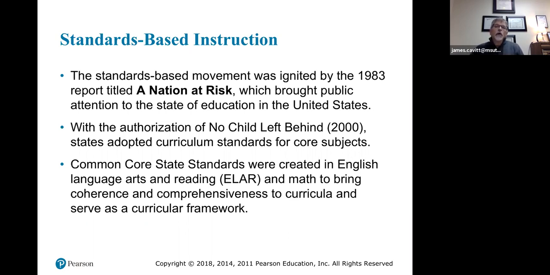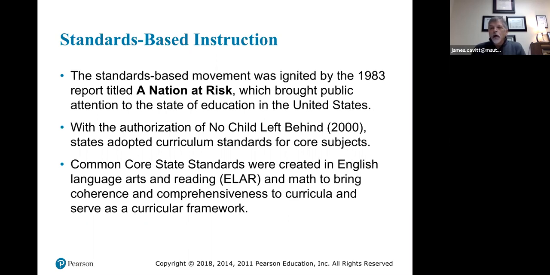And this all started way back in 1983 with A Nation at Risk, and then later in 2000 with the No Child Left Behind Act, which is actually the Elementary and Secondary Education Act, and it's now called the Every Student Succeeds Act. At one point during the Obama administration, they were trying to come up with Common Core standards, and that really didn't do well.